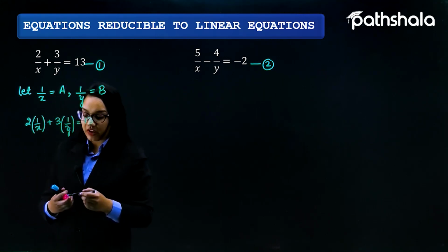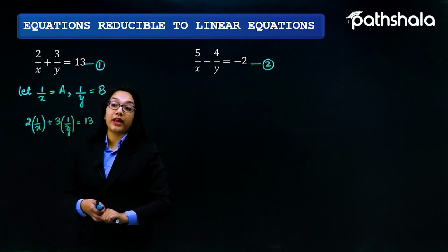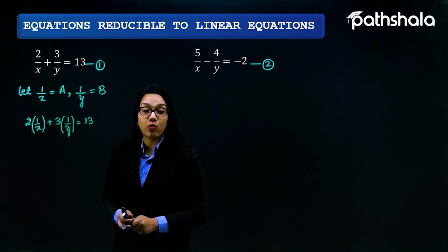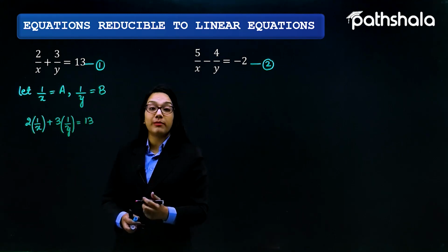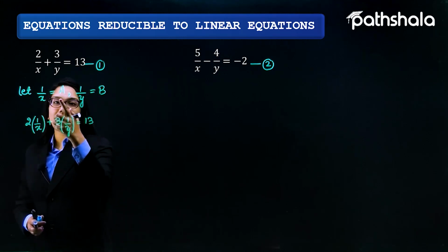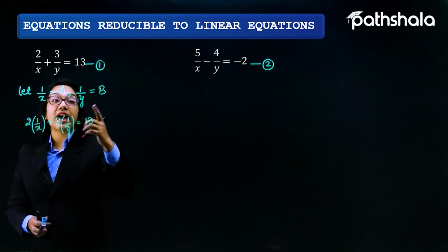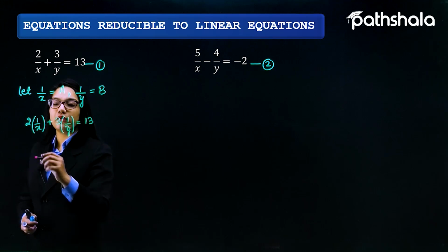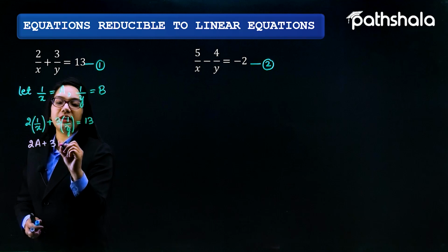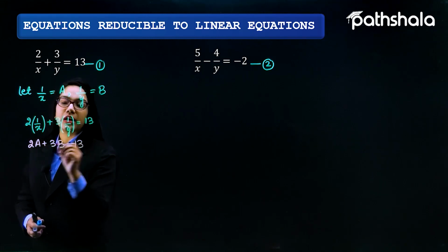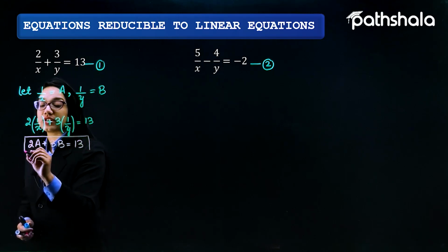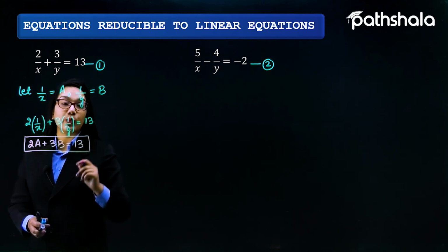So now we have 2 into 1 by x plus 3 into 1 by y equals 13, and we have supposed 1 by x as A and 1 by y as B. Let's substitute the values here. We will get the equation 2A plus 3B equals 13. This is our equation, which is called a linear equation.